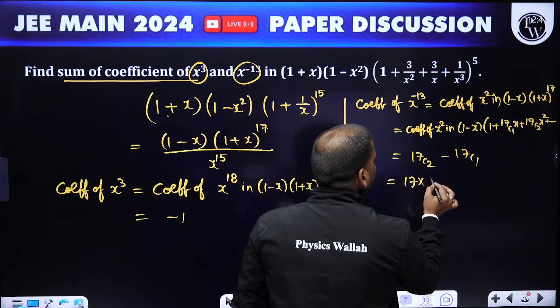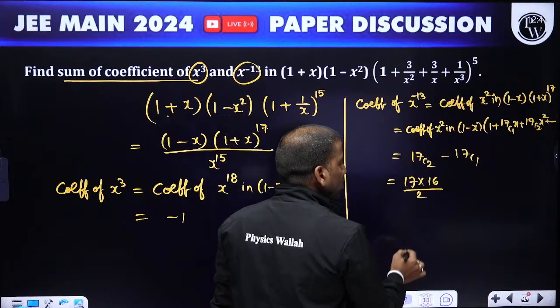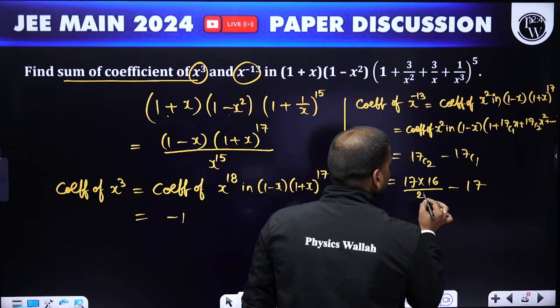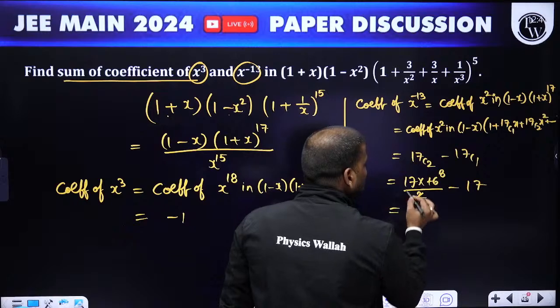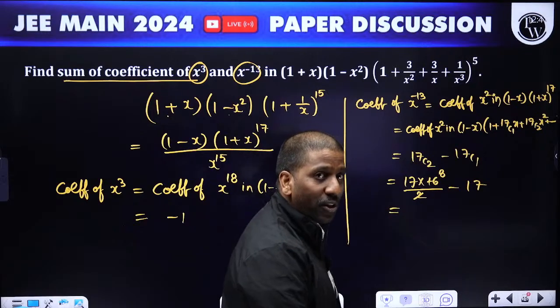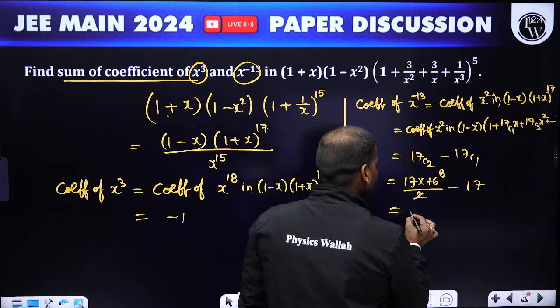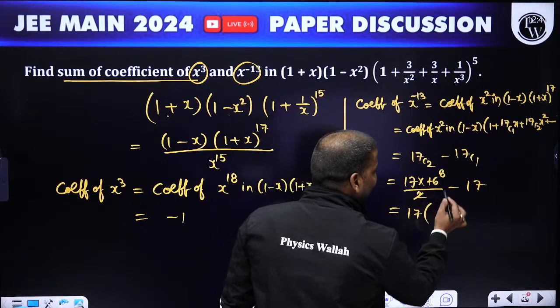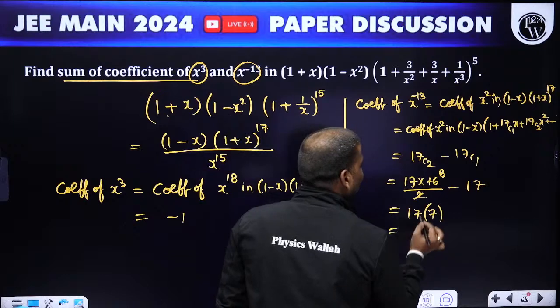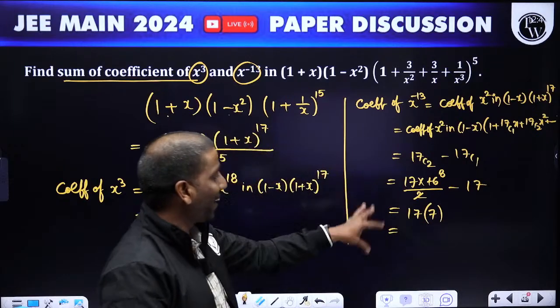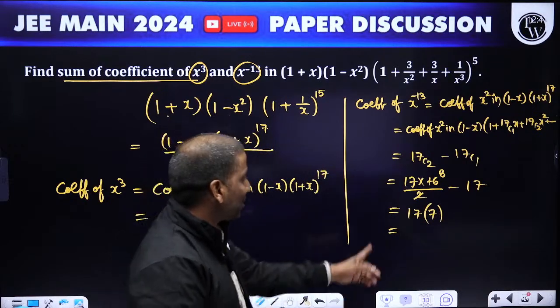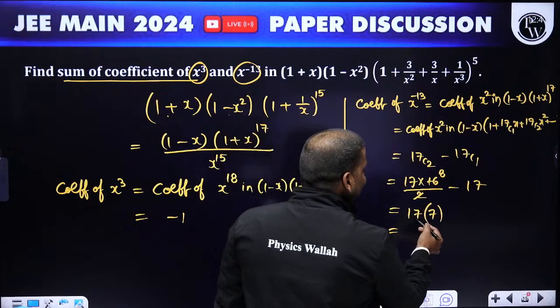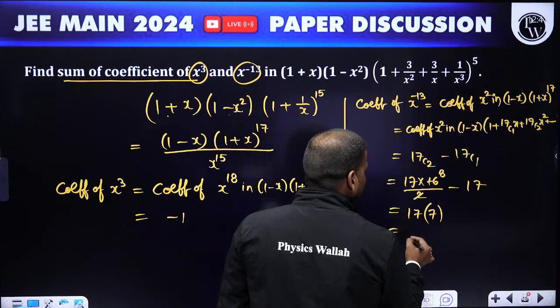The easiest way to calculate: 17 × 16/2 minus 17, this is 8. Don't multiply; just take the common 17, 8 minus 1 is 7. Why unnecessarily multiply and again subtract? So 17 times 7.